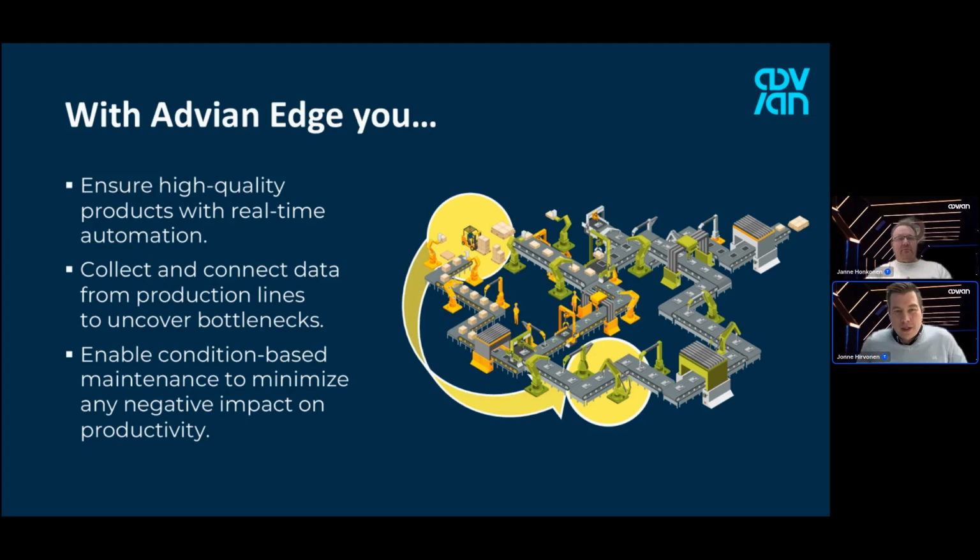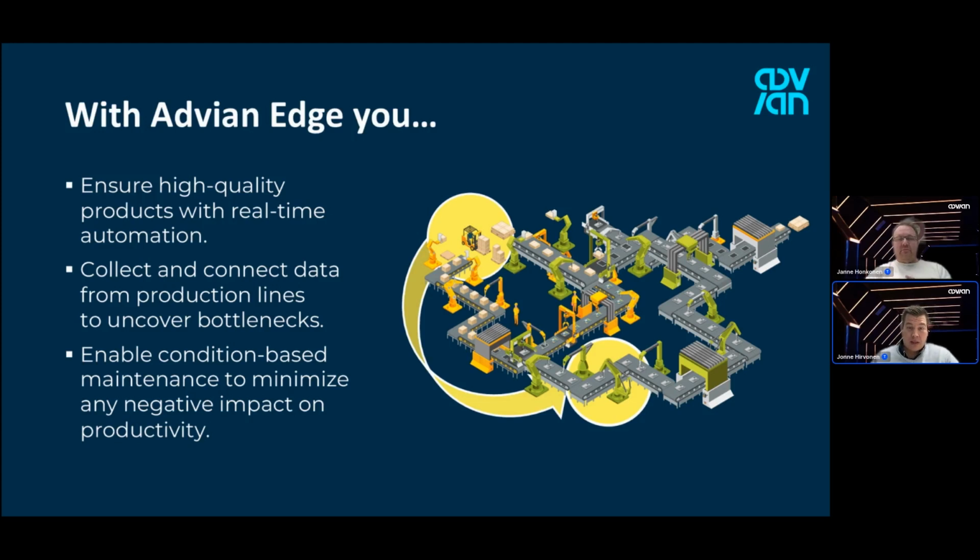So as a summary, with Advian Edge, you can ensure high-quality products with real-time automation. Capture the reality, gain insights, control processes, and find root causes of quality defects with rich sensor data, machine vision, and learning.